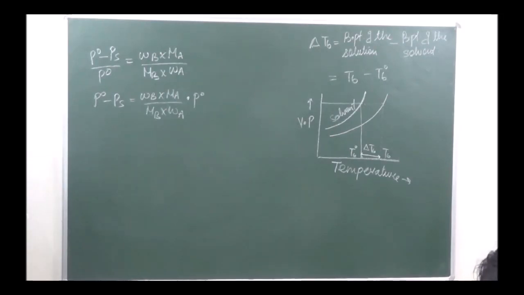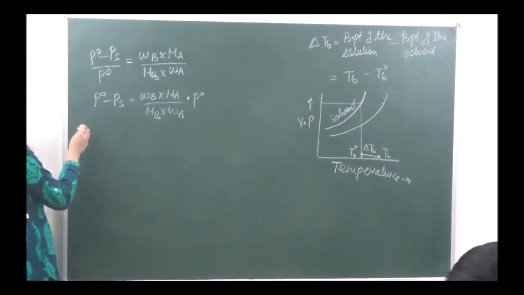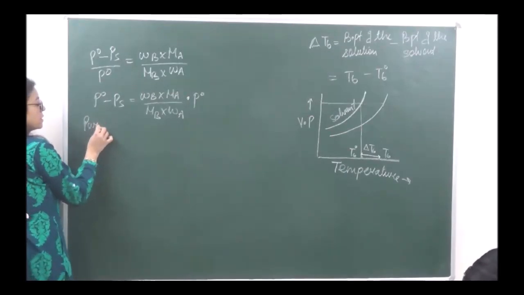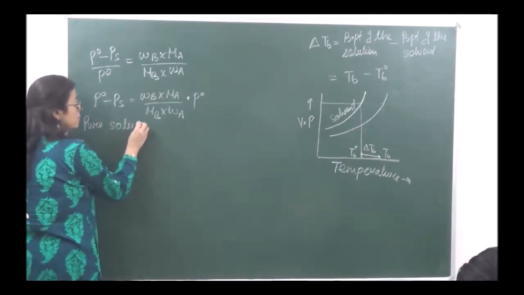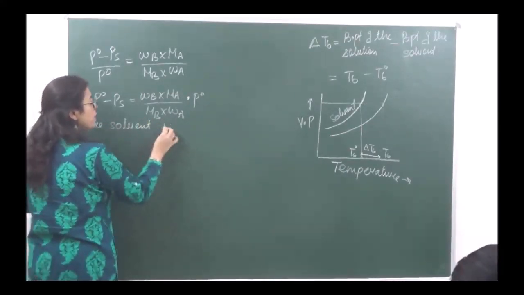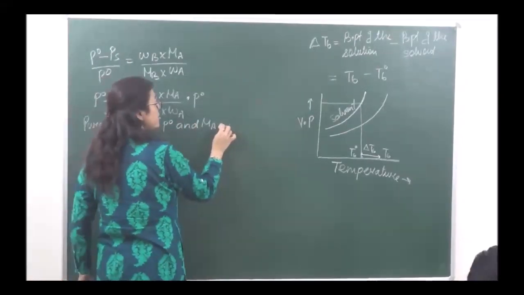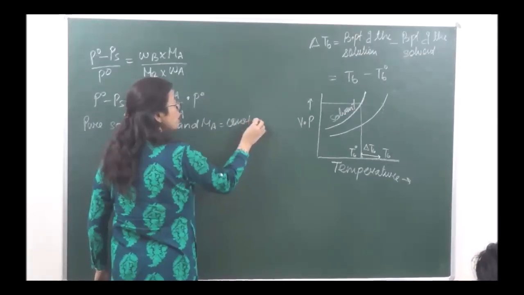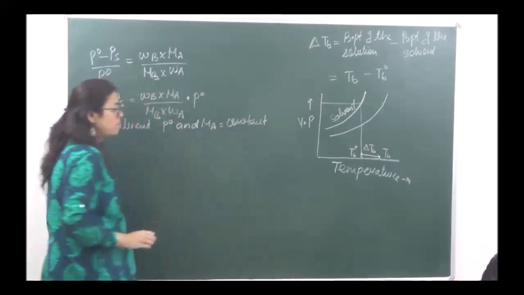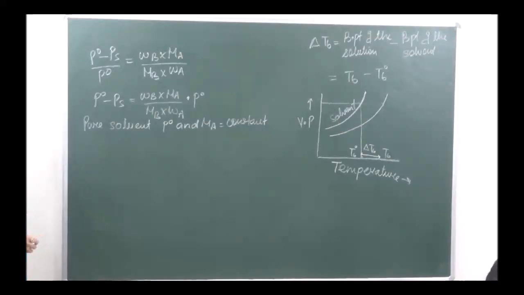So for a pure solvent, P naught and the molar mass of the solvent Ma both are going to be constant.